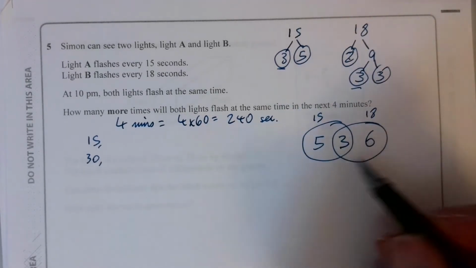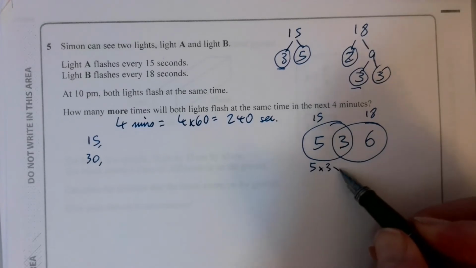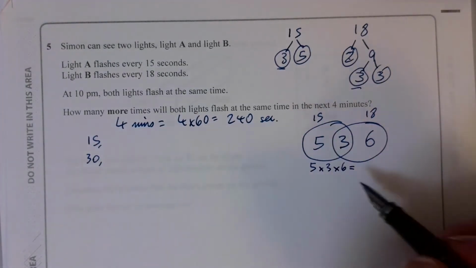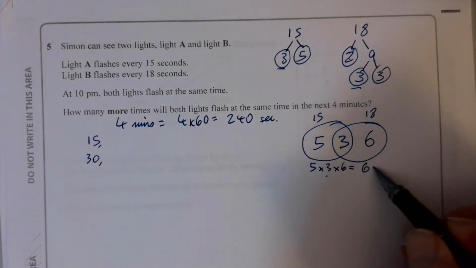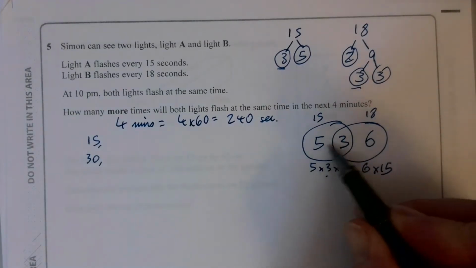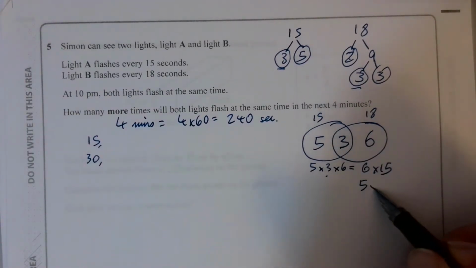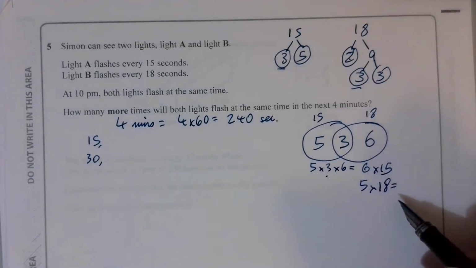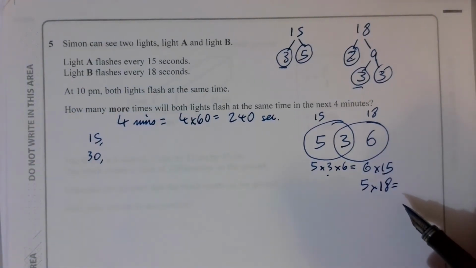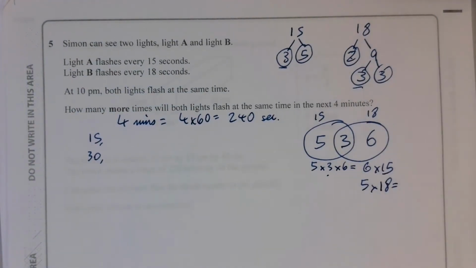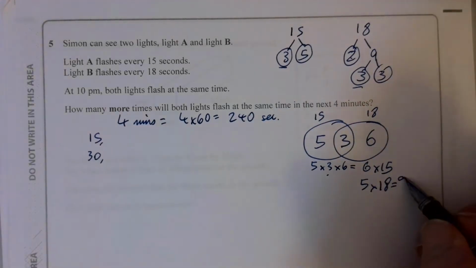So the lowest common multiple will be 5 times 3 times 6. So 6 15s or 5 times 18. 5 times 18 is easier, but you've got a calculator anyway. So that is 90.